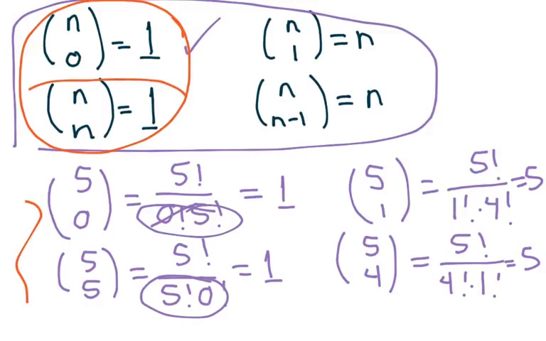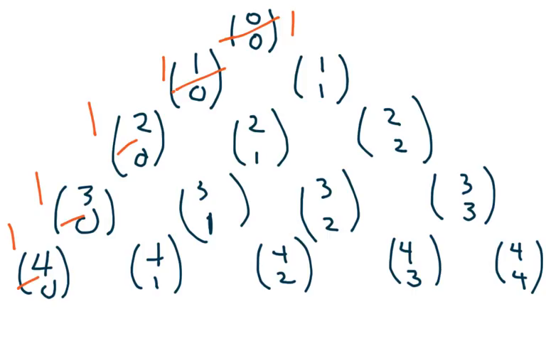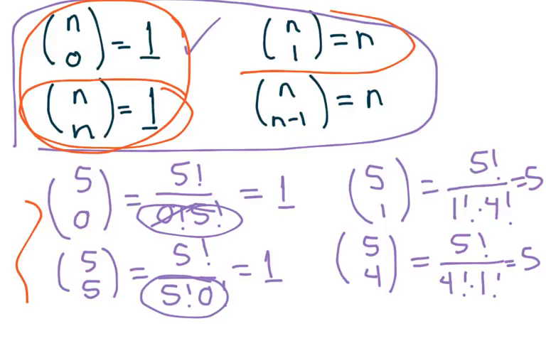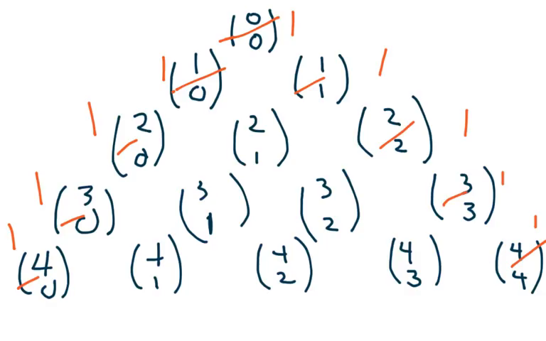Also, from this one, we know that this side equals what? 1, 1, 1. And then for the 2 choose 1 and 3 choose 1 and 4 choose 1, that follows this formula, and that just equals n. So we get 2 here, 3, 4, and also the n minus 1.